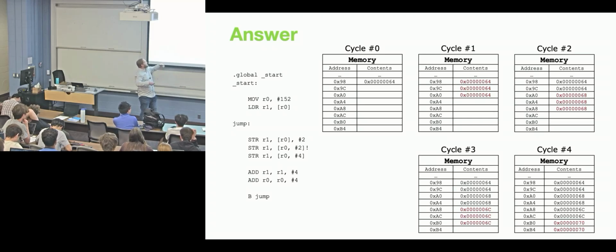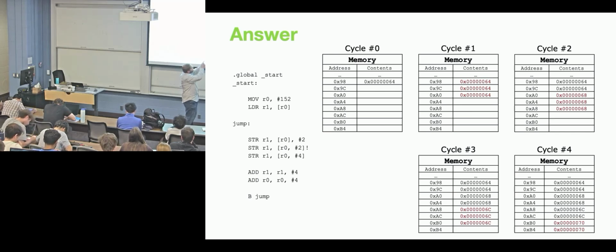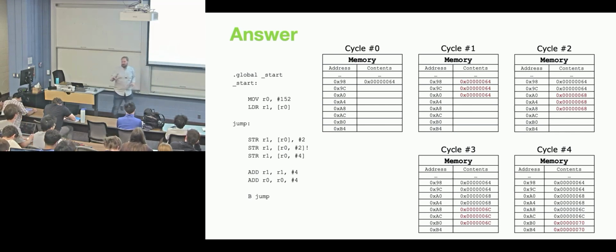And then we incremented by 4, putting the value in A0. And we did the same thing here. So when you get back to cycle 2, we have the address A0 in there, and we're going to put 68 into A0, incrementing the value in R0 by 2. And then before we do this next line here, we're going to increment by 2. So that puts us ahead by 4.